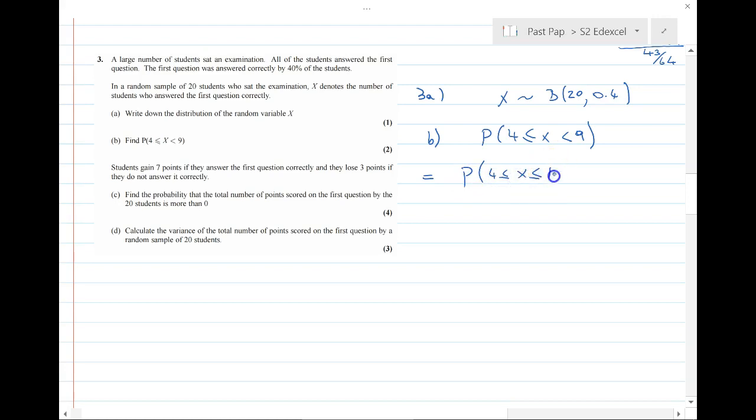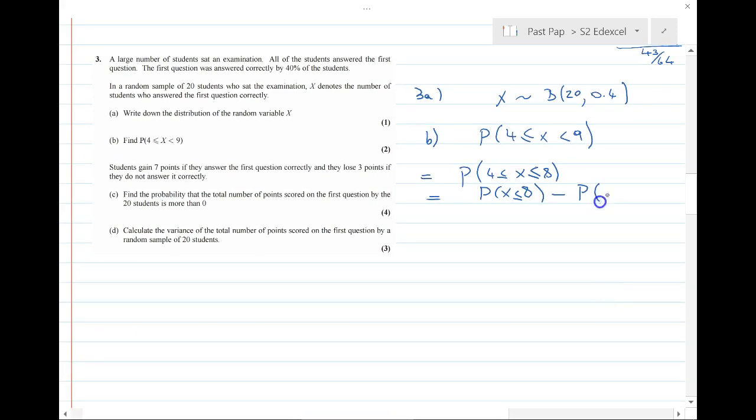Call me dull if you like, but if it's less than 9, that means it's less than or equal to 8. So then we can say that that is the probability that x is less than or equal to 8, taking away the possibilities 0, 1, 2 and 3 as well. So that's that x is less than or equal to 3.